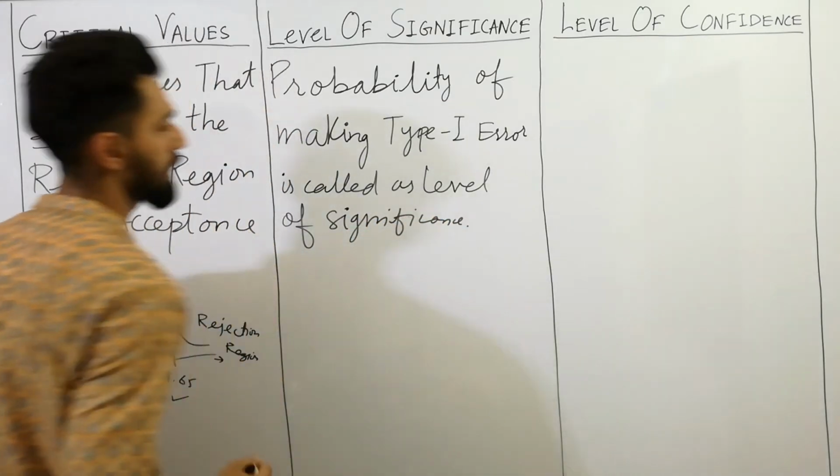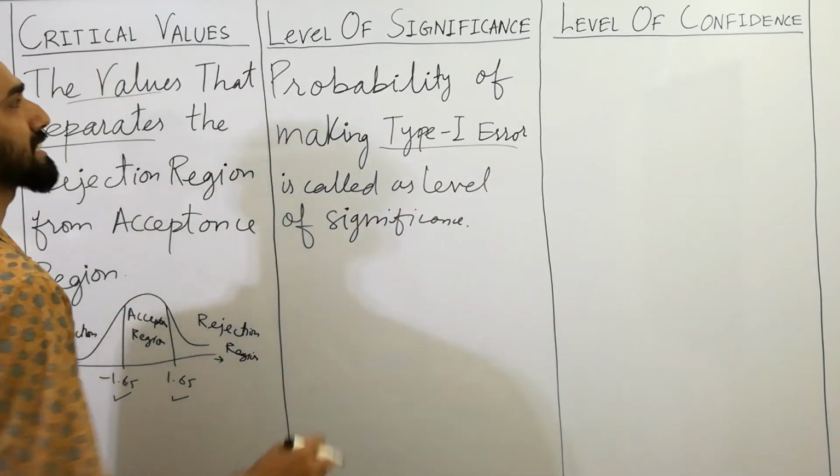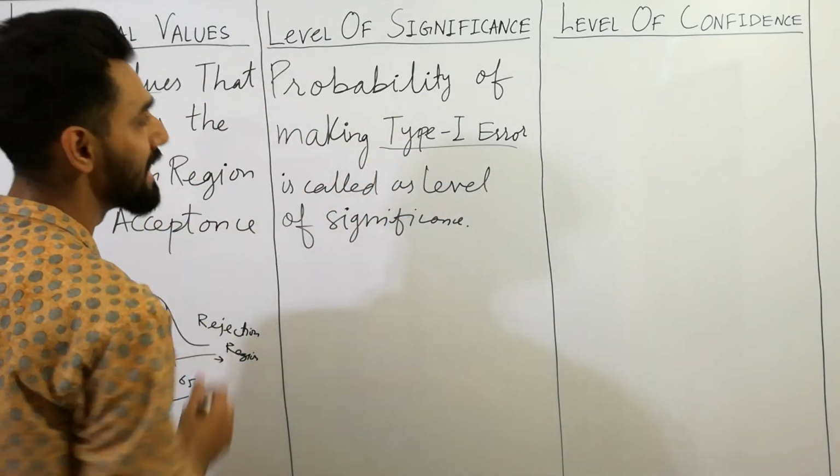You can say that the probability of making a type first error is always equal to the level of significance.